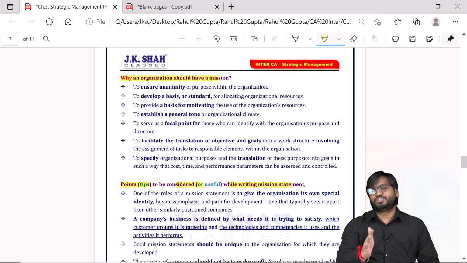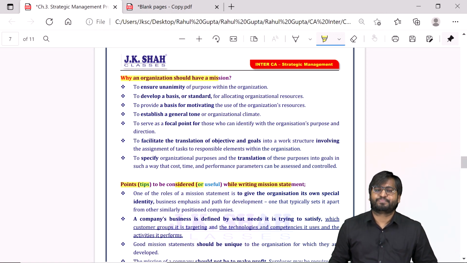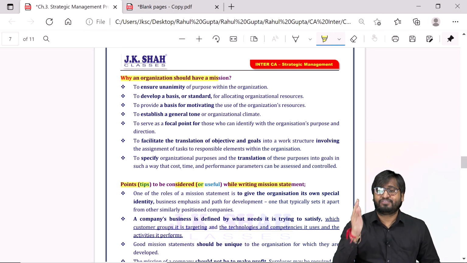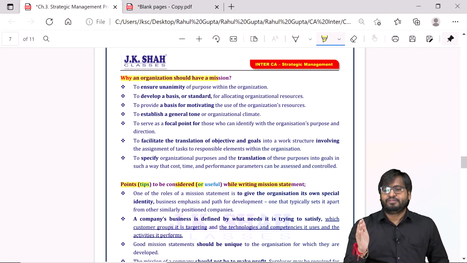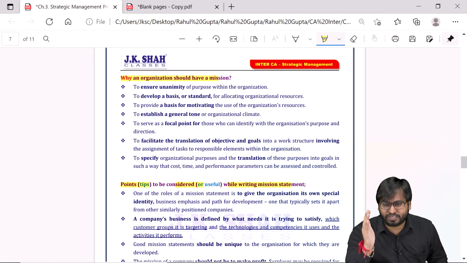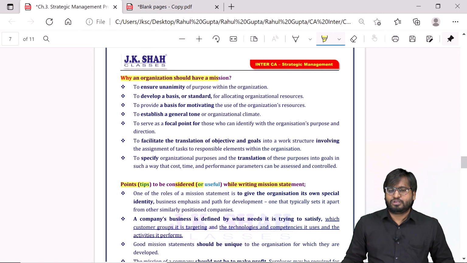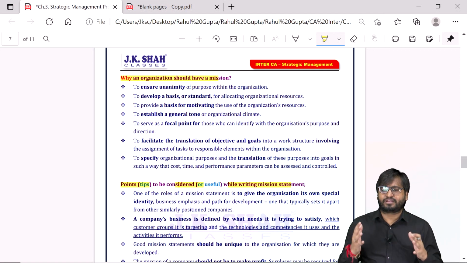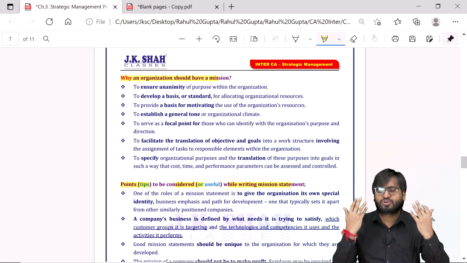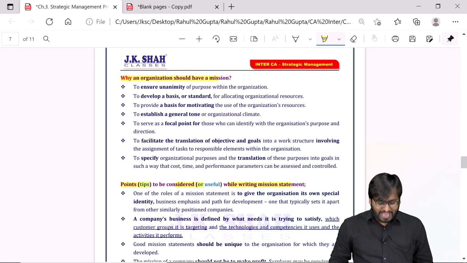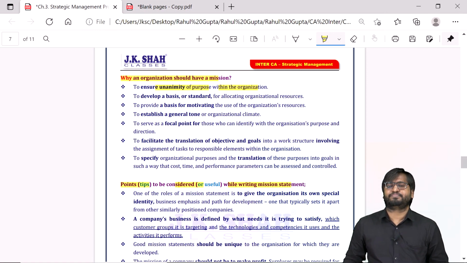Why should an organization have a mission? If we have a mission, we have a common direction to think. All the departments will work collectively towards a common goal. So we will have unanimity of purpose within the organization.